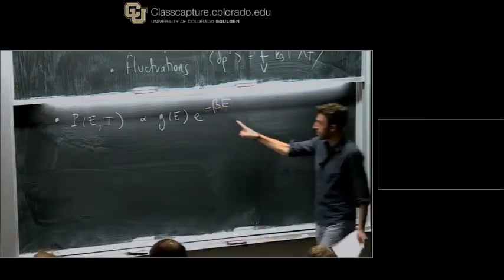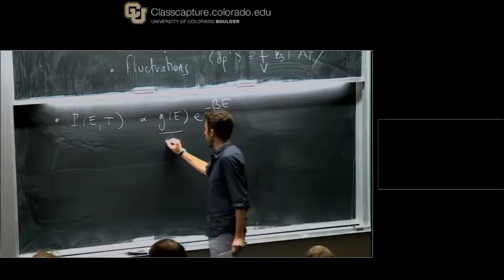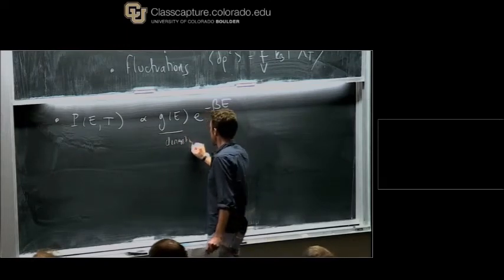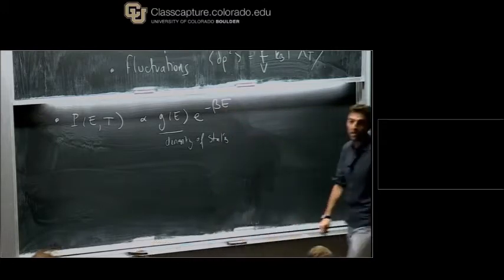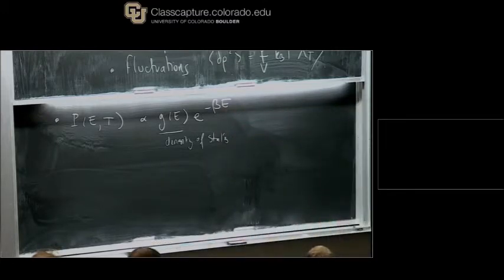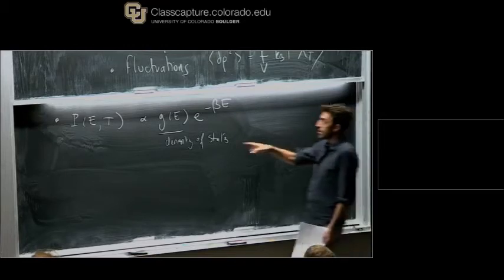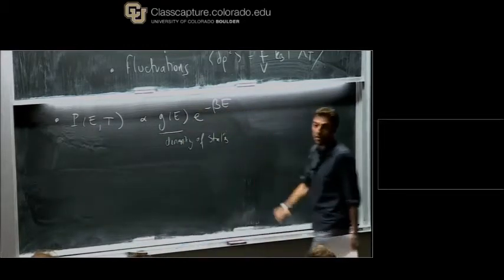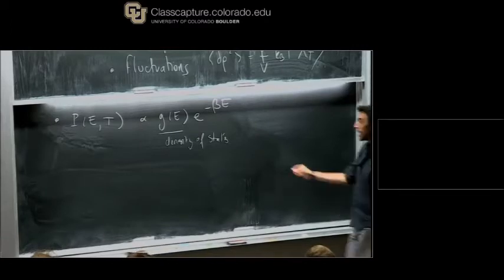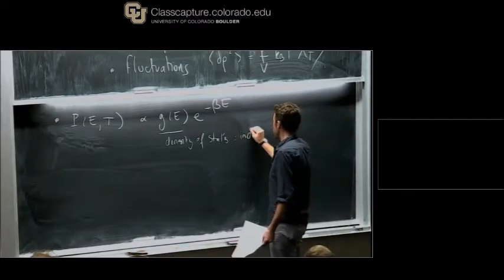This is the Boltzmann factor, and this guy here, which will come back several times during the lectures, is the density of states, so the number of states at a given energy level. If you invert this relation, you see that g of E is essentially the distribution times the inverse of the Boltzmann factor. And this is the density of states. It does not depend on the temperature.